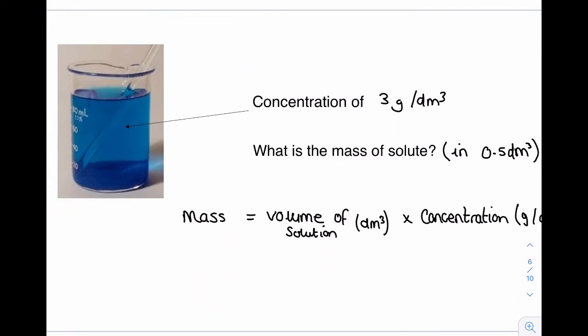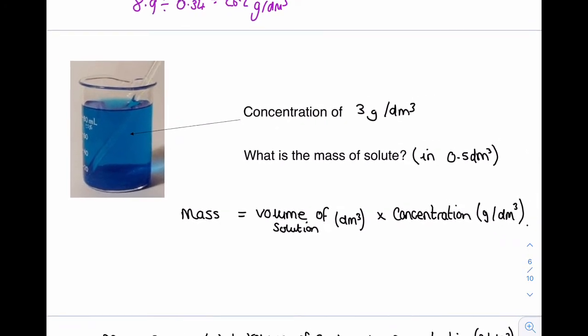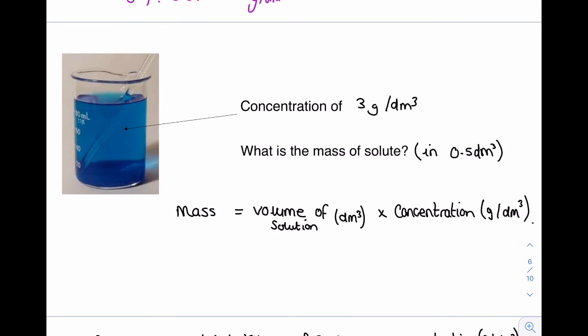And that is when they've got the concentration that they've got in that beaker, and they want you to work out the mass of solute for a certain volume. So you need to know this other equation, which is just the rearranged version of the one we've been using so far, which is mass equals volume of solution in decimetre cubed multiplied by concentration, which is grams per decimetre cubed.